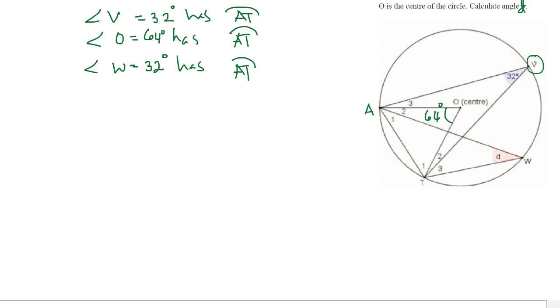So angle B, or angle W, or D, are equal to each other.